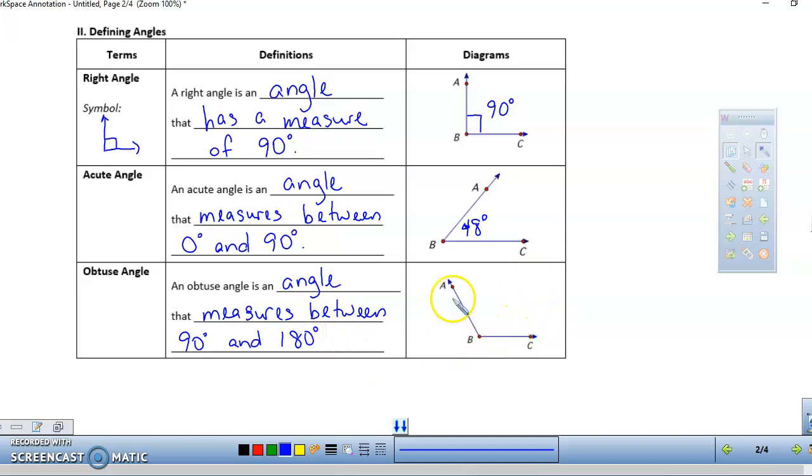Okay, so again, in the picture, you may not assume that this is an obtuse angle unless you know what the measure is or it says that it's obtuse. So let's say this is like 122 degrees. Then you would know that was obtuse.